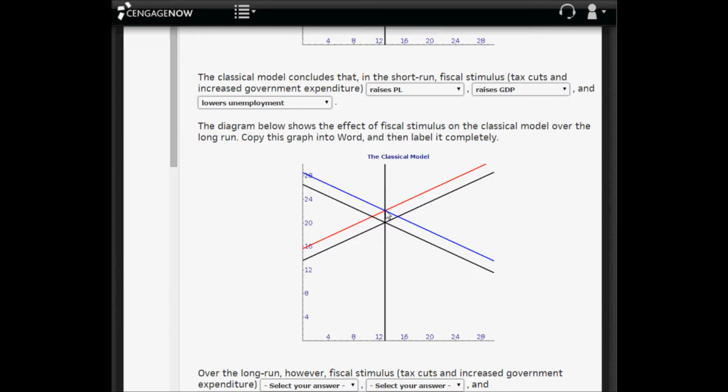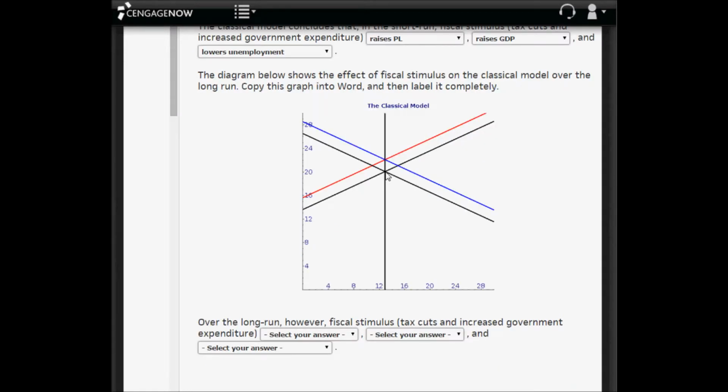So at this point, the natural rate of unemployment and the unemployment rate are again equal. So over the long run, the price level goes way up. Instead of the price level just going up to here, the price level adjusts up to here, and then over the long run returns to the long run aggregate supply curve.